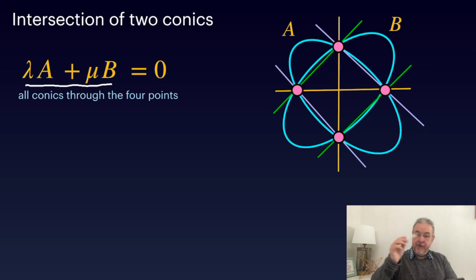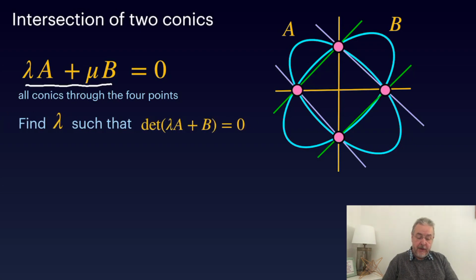So when we sweep through the space of all conics through the 4 points, there are 3 degenerate solutions among them. So let's try to find one of those degenerate solutions, and we can do that easily by checking whether the determinant of our linear combination turns out to be 0.